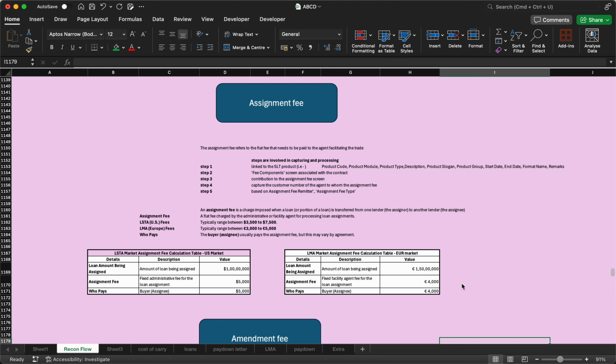So we have noted a definition as well. When you are preparing for the interview, this is an important thing while you are explaining to your interviewer. You can explain it this way: the assignment fee is a flat fee charged by the administration or facility agent for processing a loan assignment.